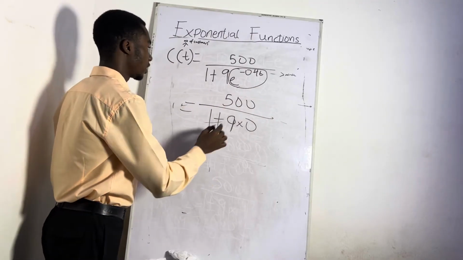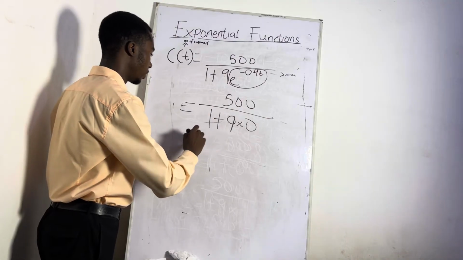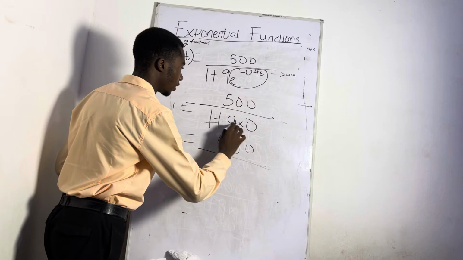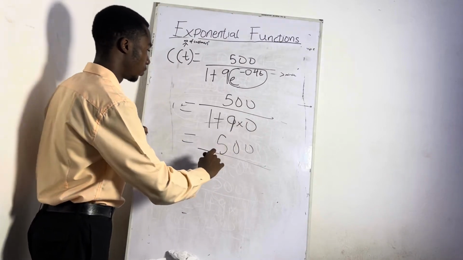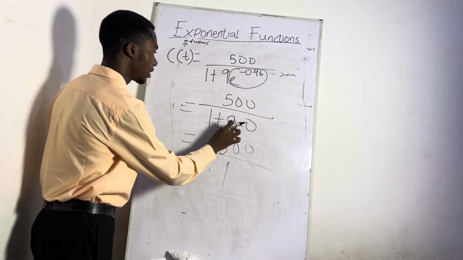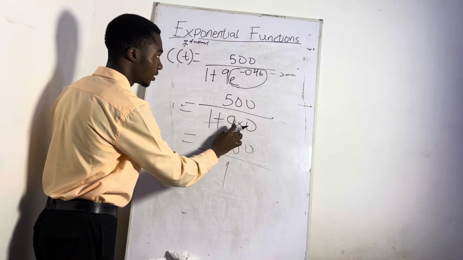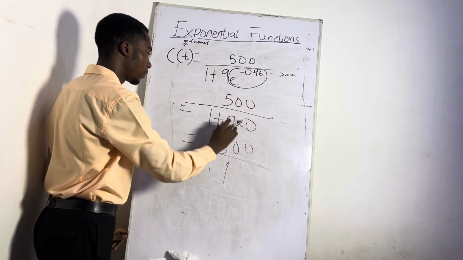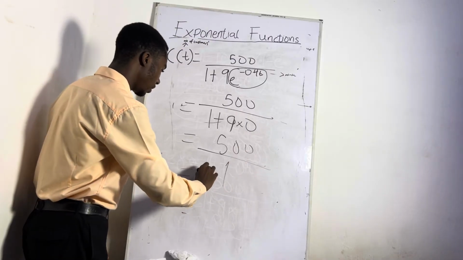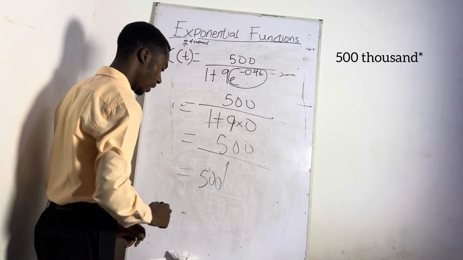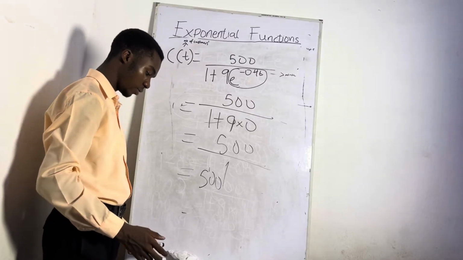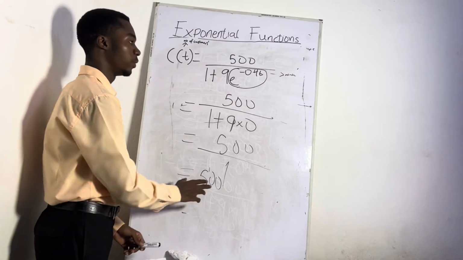You get it? 9 times 0 is the same as 0. This 0 is only multiplying the 9, 0 times 9. The 1 is different. So it becomes 500 over 1. So our final answer will be 500. So the maximum number of customers Green Grocer can expect in the long run will be 500.